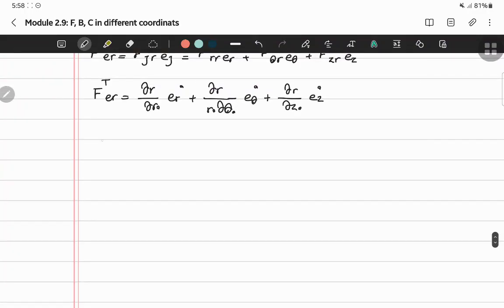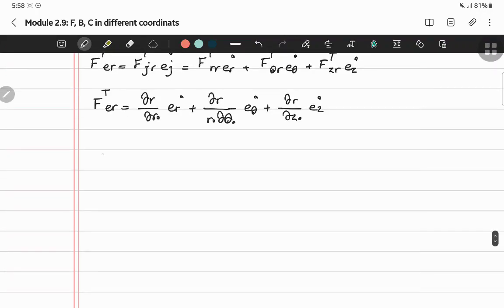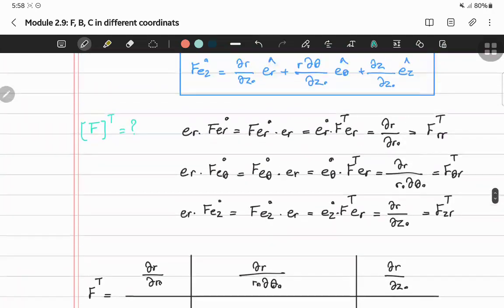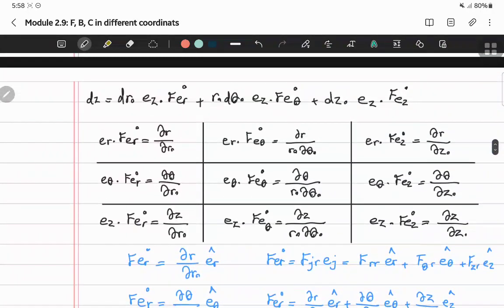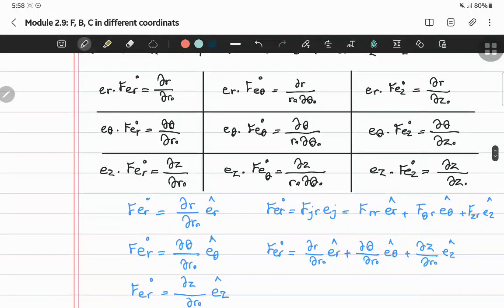So next we have F transpose E theta. Maybe I can start again from here. So I write the second row.